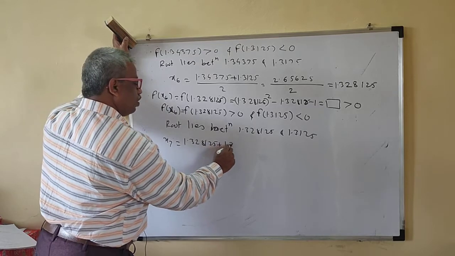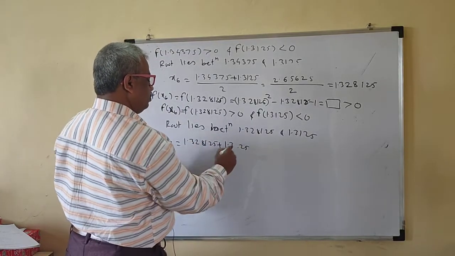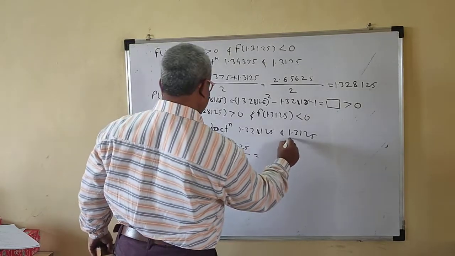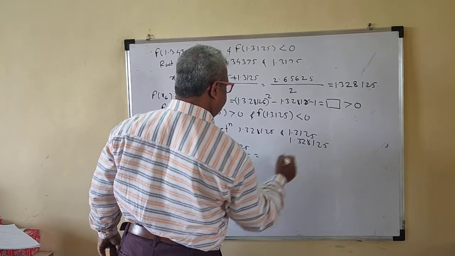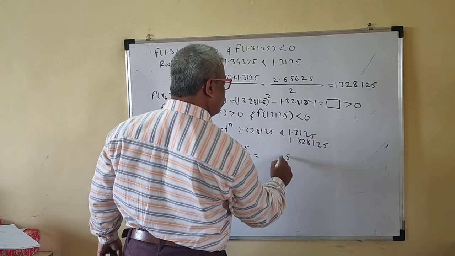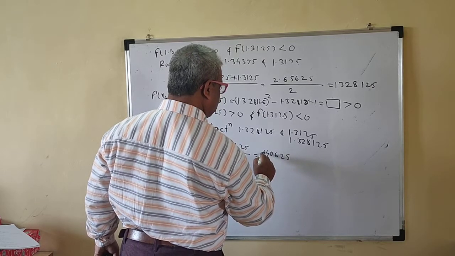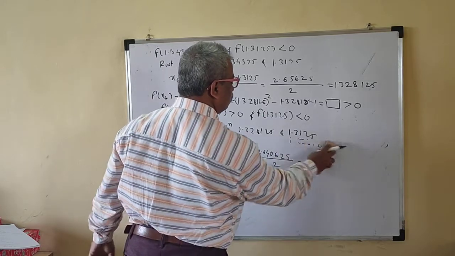(1.328125 plus 1.3125) upon 2. So this will be what? 1.328125 plus 1.3125, the sum upon 2.